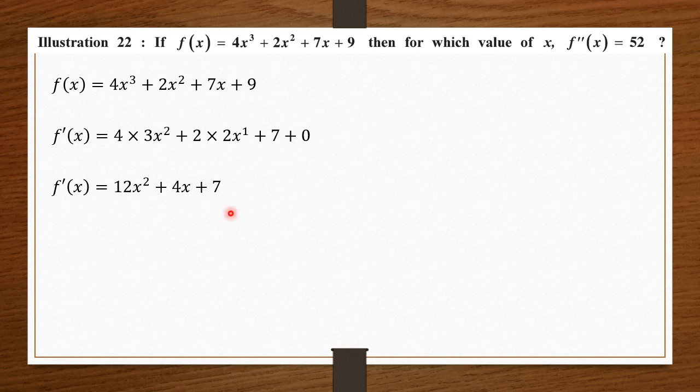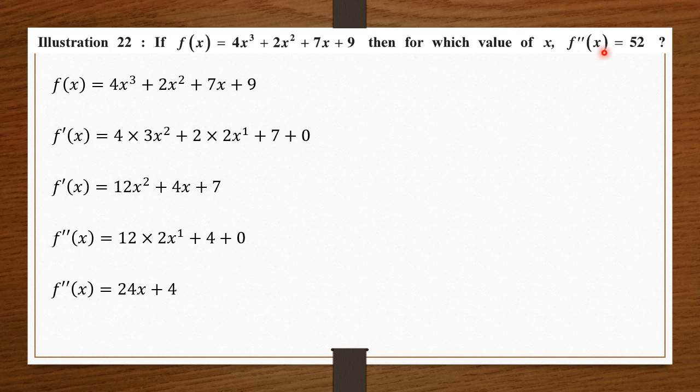So now this is the first order differentiation. In the next step, I am going to differentiate it again. X square becomes 2x raised to 1, x becomes 1, and 7 becomes 0. So the final answer will be 24x plus 4. So my second order differentiation for this function is 24x plus 4.